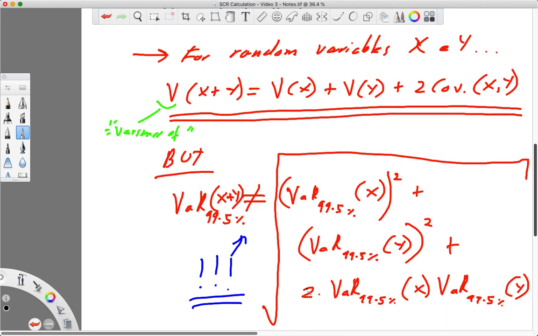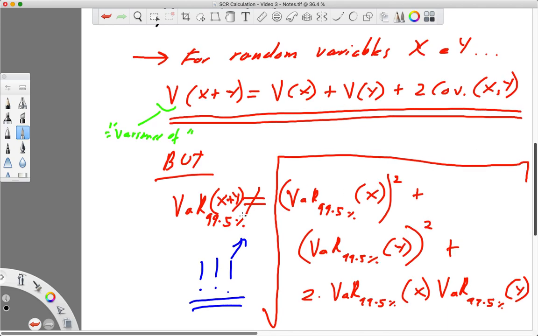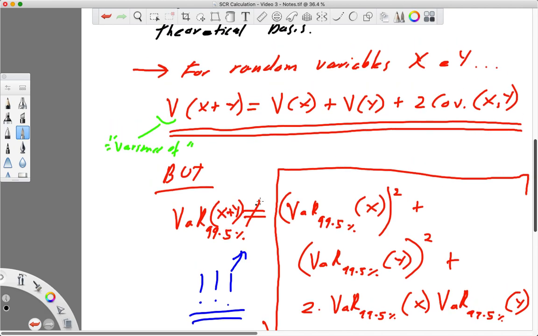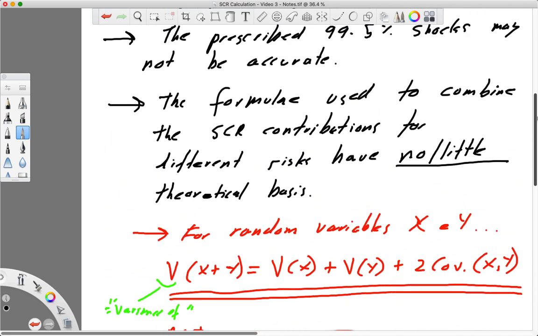So depending on how you change this number 2 down here, you can, to some extent, change the extent to which different risks are correlated together, and so make this number bigger or smaller depending on whether you think 2 risks will behave in the same way, so they're 100% correlated, or whether they will behave in a slightly different way if they are less correlated. However, all of that doesn't get away from the fact that theoretically there is a not equal to sign here rather than an equal to sign.